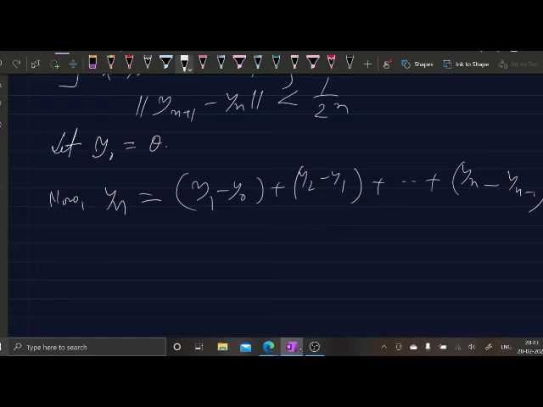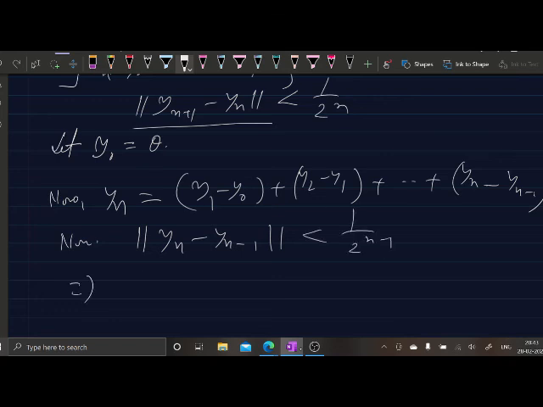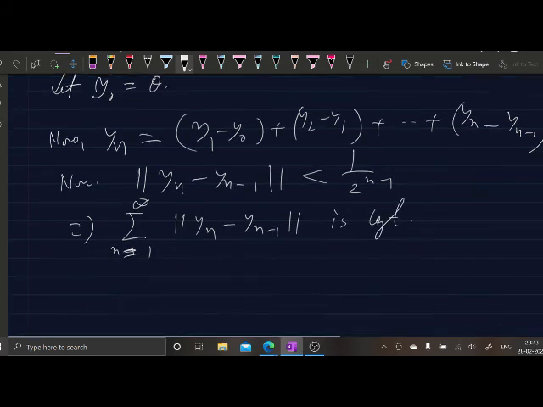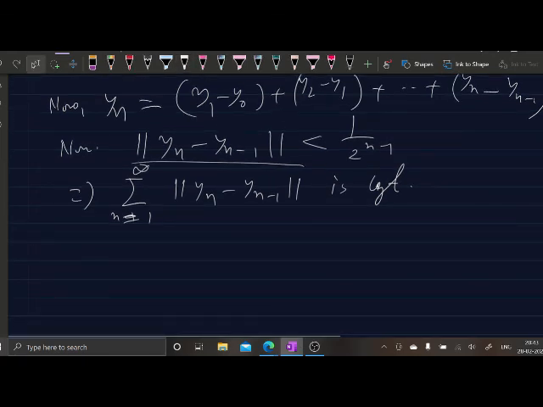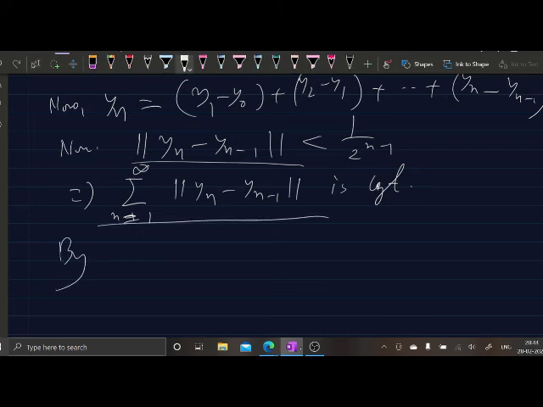So now from this you can say that norm of yn minus yn minus 1 is less than 1 by 2 to the power n minus 1, and if you take the sum, n going from 1 to infinity, this is convergent by the comparison test, and by hypothesis every absolutely convergent series is convergent.